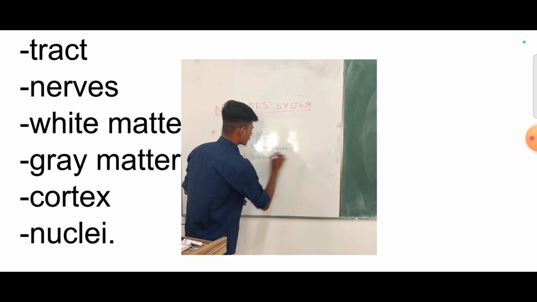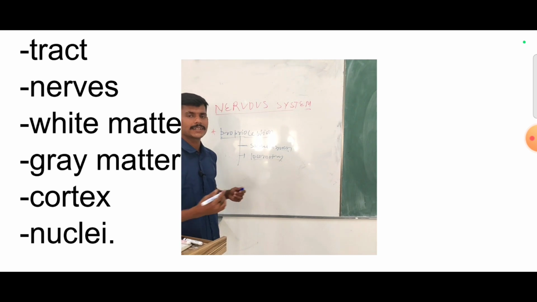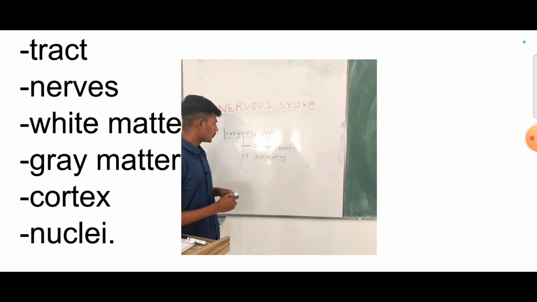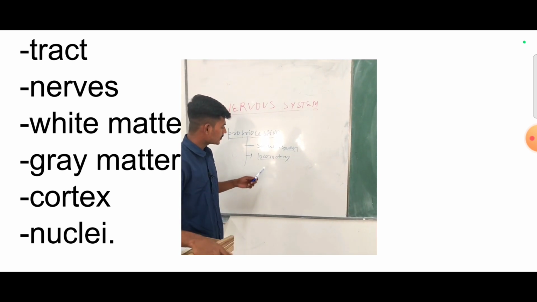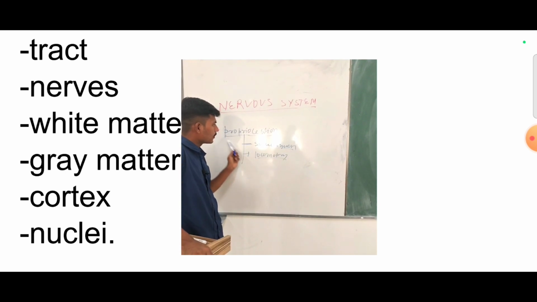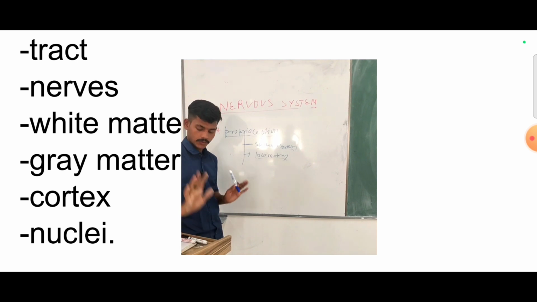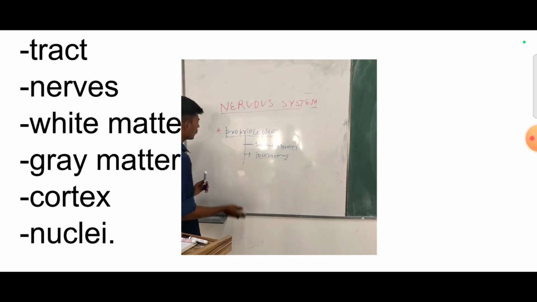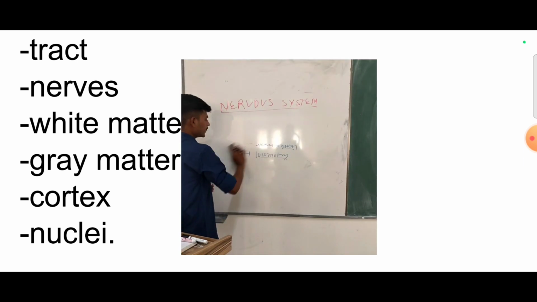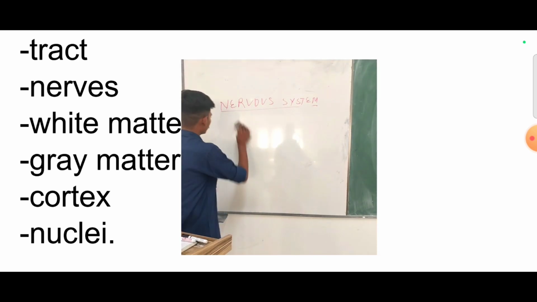All the information coming from the joints, bones and tendons is called proprioception. Clear?